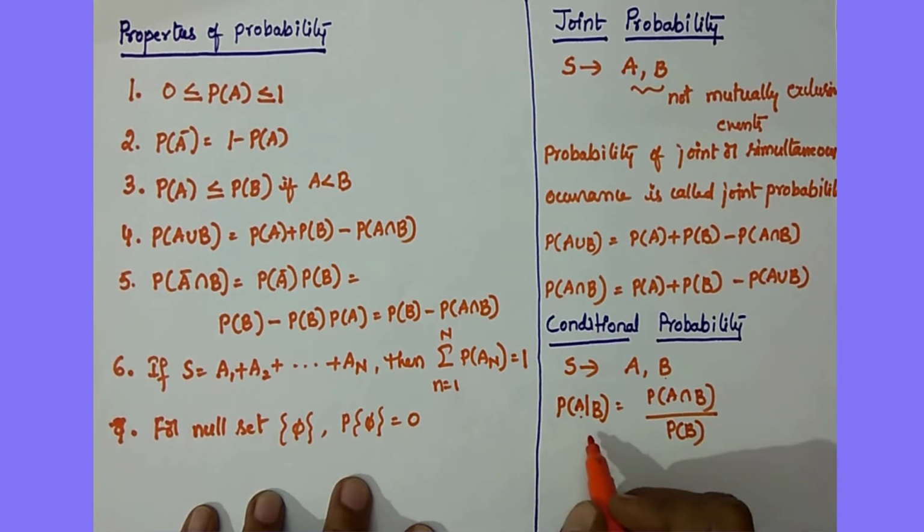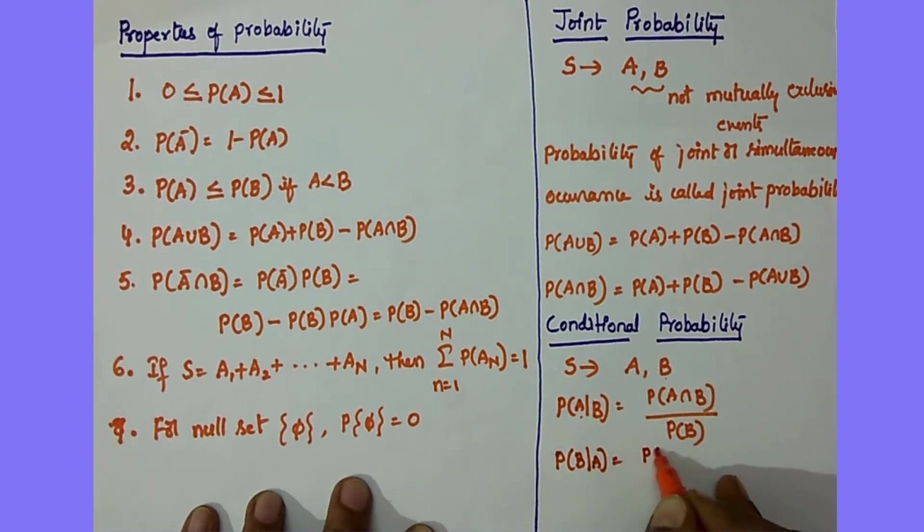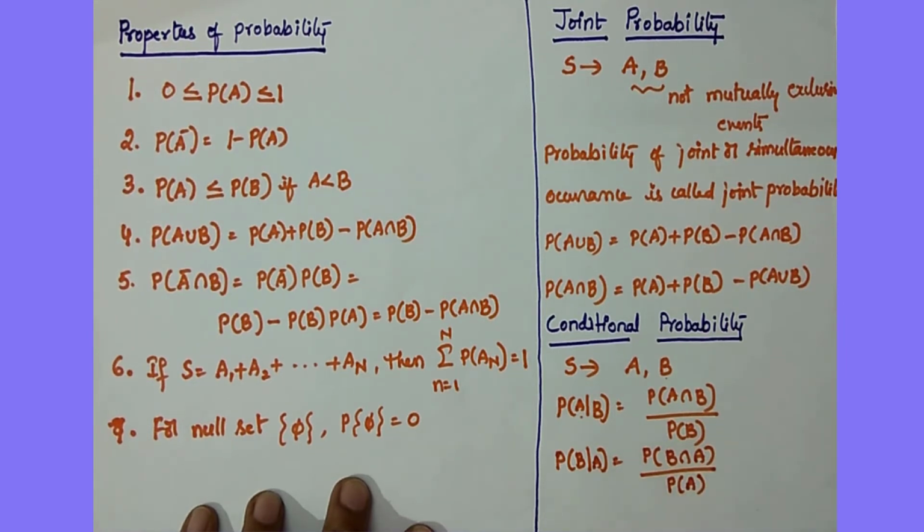It reflects that the probability of event A depends on the second event B. And vice versa, you can write P of B by A as P of B intersection A, or A intersection B, divided by P of A, because intersection obeys commutativity. These two are called the conditional probabilities.